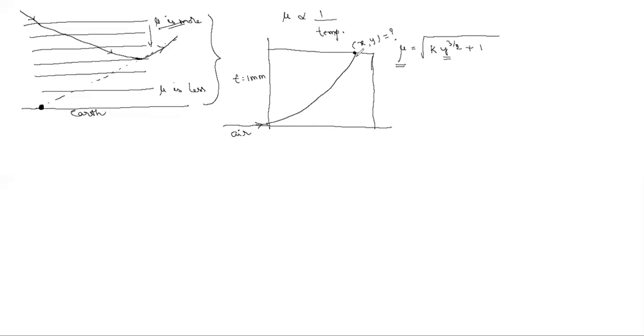I can say y is equal to 1 millimeter, since after traveling a height of 1 millimeter it will come out. But for the x coordinate I require some relation between x and y. In mathematics, x and y are related with the slope, tan theta.